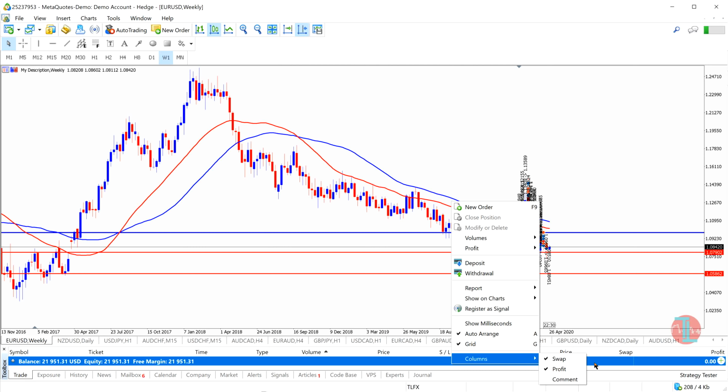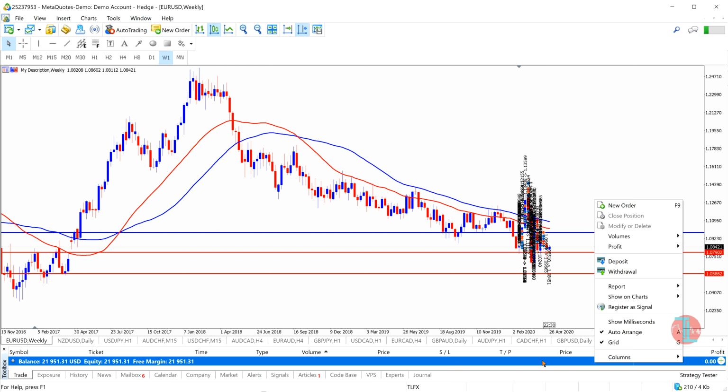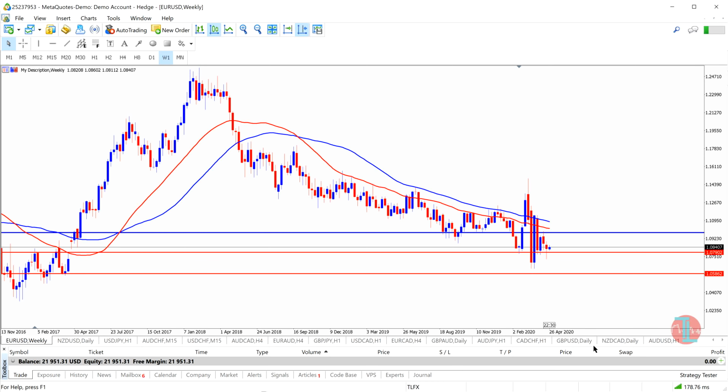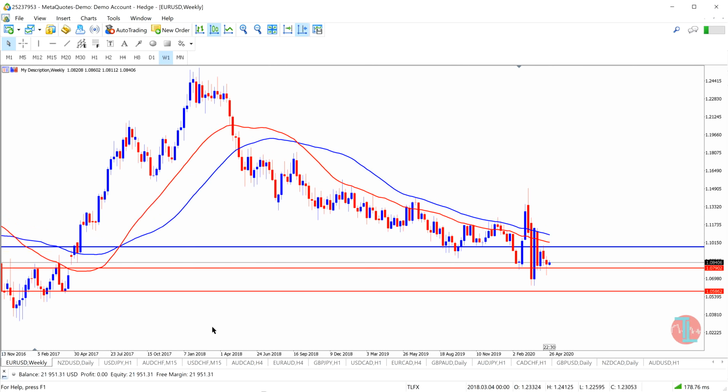You can right click inside of your trade station down below, in your toolbox, on any area, then go up to show on charts and delete all deals, and that'll go ahead and get rid of all of those for you.